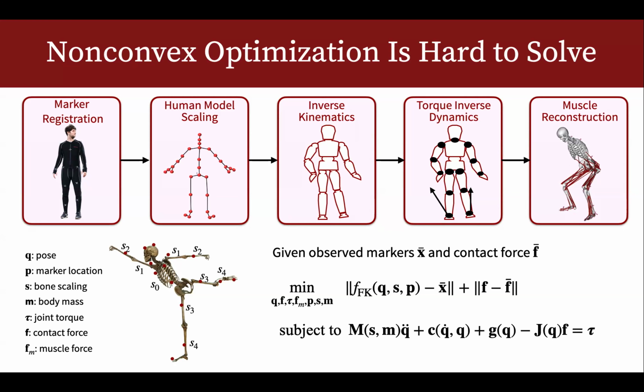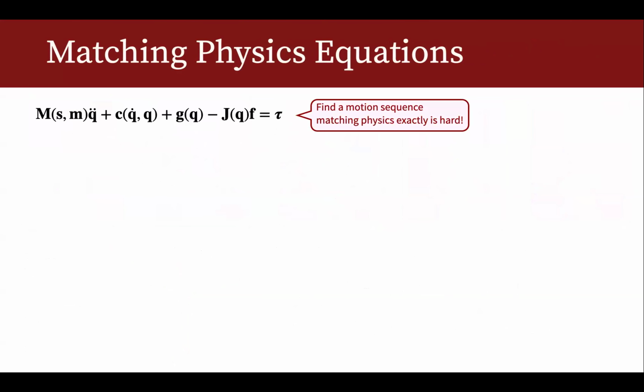So what we want to do is to essentially find a set of poses, a pose trajectory, that satisfies this equation exactly. For those who are not familiar with physics, this is really just F equals ma, in the Lagrangian formulation.